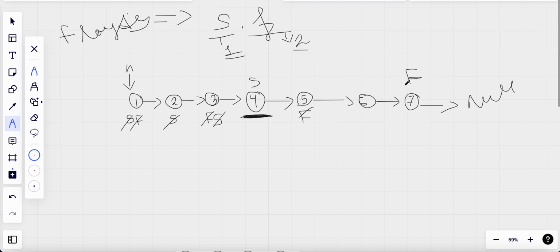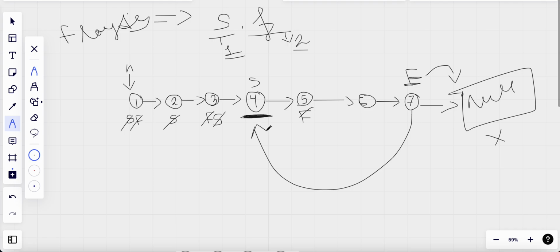In that case, fast would end up at a null value in one of its moves. That is when we'll know that it doesn't have a cycle. But here in this case we have a cycle, and both fast and slow met each other at this node. So we know that there is a cycle now.